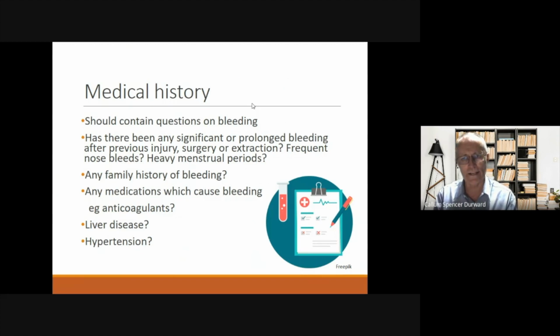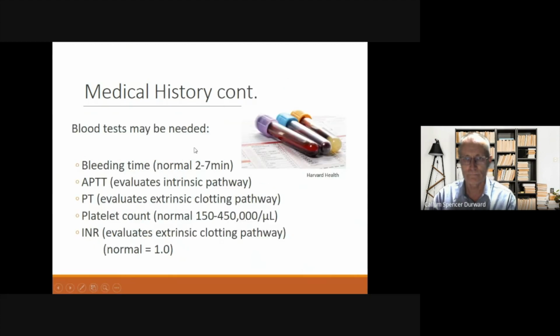Or are they taking any medications which cause bleeding, for example, anticoagulants? Do they have liver disease or hypertension, which can also predispose to bleeding? In some cases, blood tests may be needed, and these can include bleeding time, APTT, PT, platelet count, or INR.